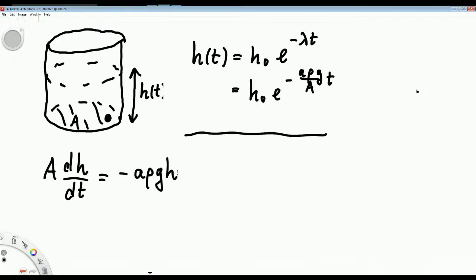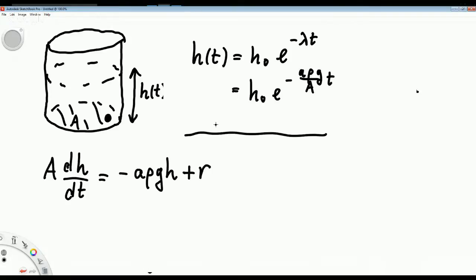This was just because the water is leaking out of the bottom hole, and therefore there's a volume flow rate given precisely by the right-hand side. However, here we're also being told that fluid is replaced, so it's being replenished as it leaks out of the bottom at a rate of r. So all that means is that we have to add an additional term to the right-hand side, plus r. And so this is it. This is the new differential equation.